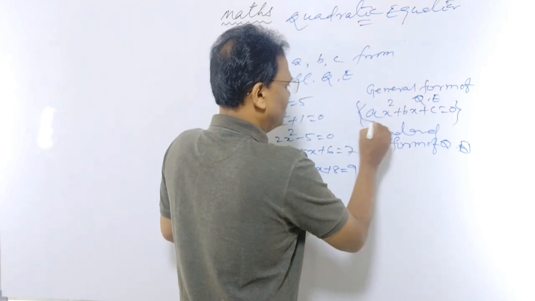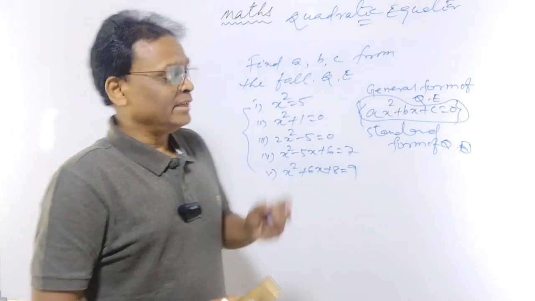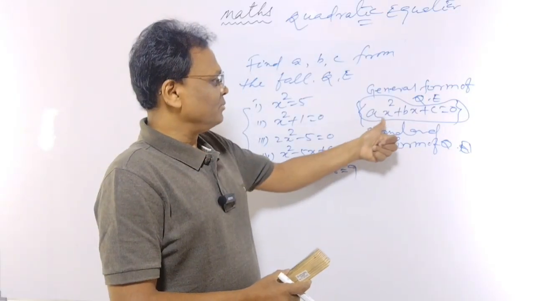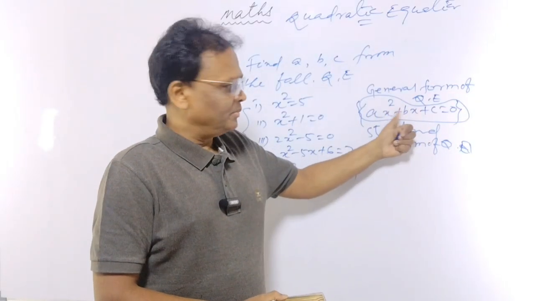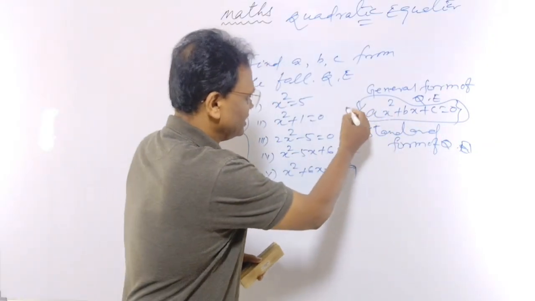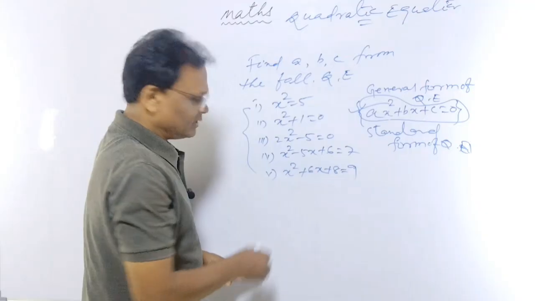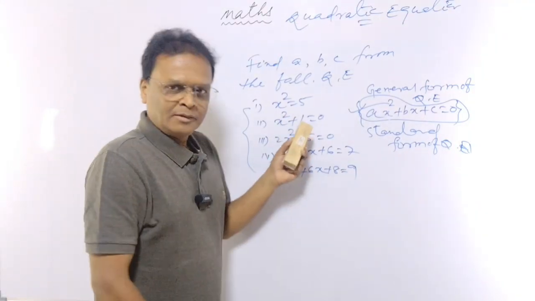General form or standard form of the quadratic equation, this you must remember. While finding A, B, C, you have to compare. The coefficient of x square is A, the coefficient of x is B and C is the constant. So with the help of this equation, you have to find the values of A, B and C.